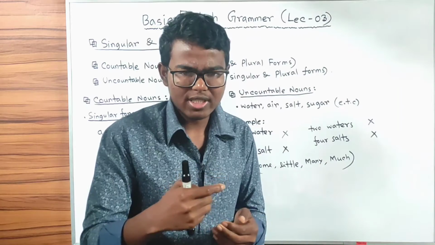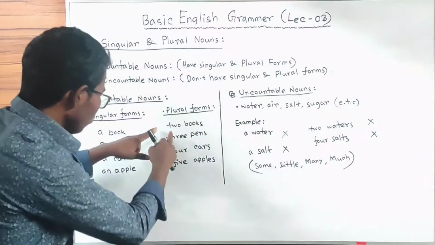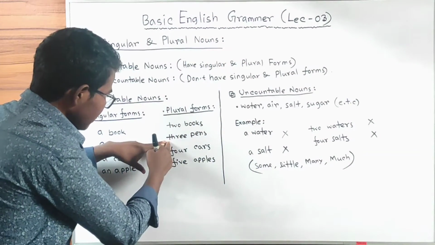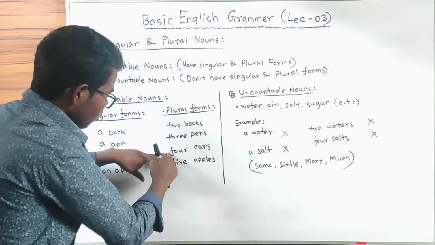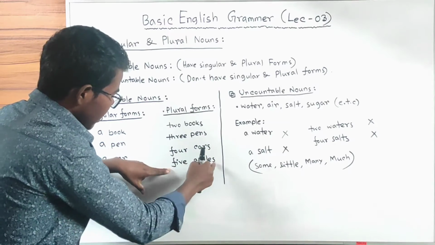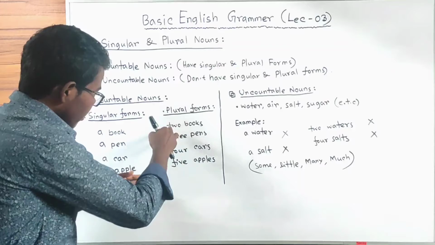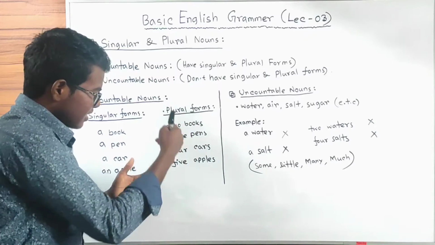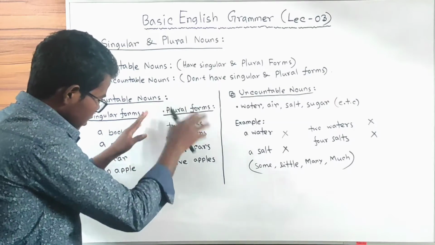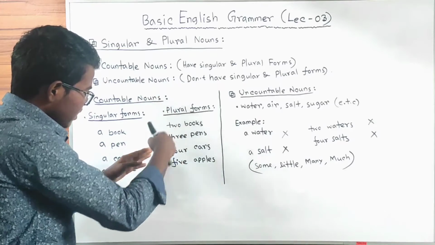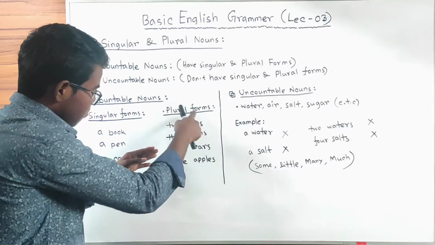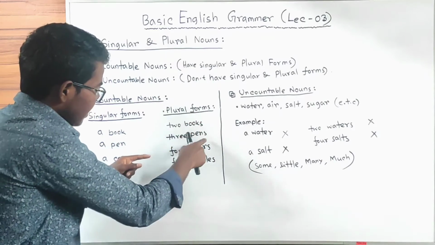I will discuss it later on. Two books, three pens, four cars, five apples. We have to add s or es at the end. Here are the plural forms, and in all the plural nouns we have s at the end.